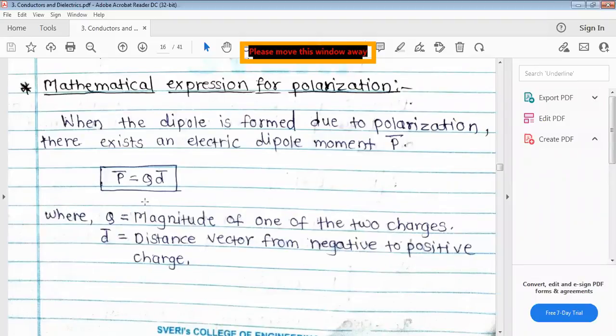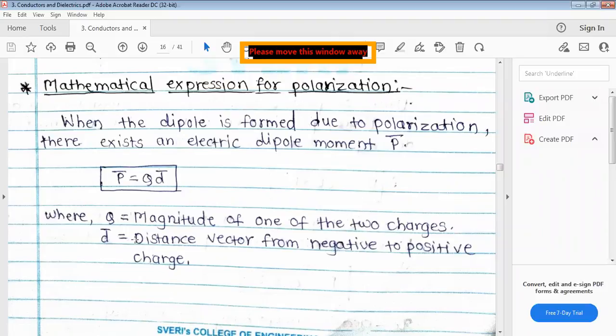That's why Q is taken, meaning it is the magnitude of any one of the charges. Whether it is plus Q or minus Q, the magnitude is the same. Suppose one charge is 10 microcoulomb. So plus Q is nothing but plus 10 microcoulomb and minus Q is nothing but minus 10 microcoulomb. The magnitude is the same for the charges in an electric dipole, only the position changes.